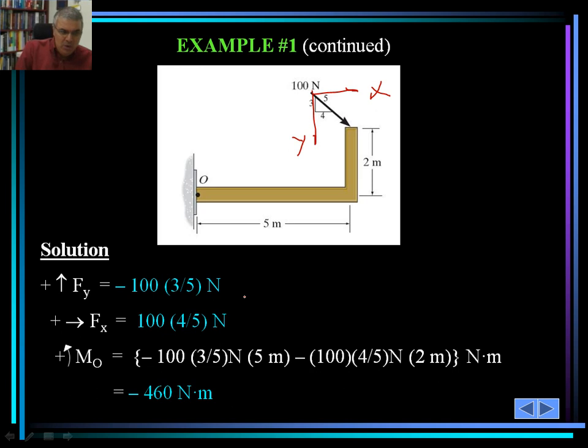Summation of moment about O. Both components, F sub x and F sub y, would cause moment about point O. They both have a tendency to cause rotation about point O. Also, your x and y coordinate system could be put here.